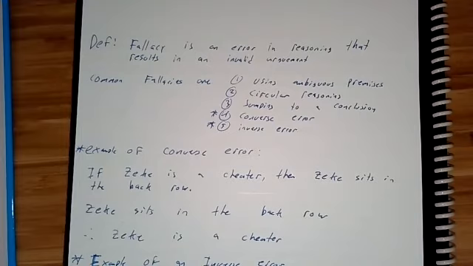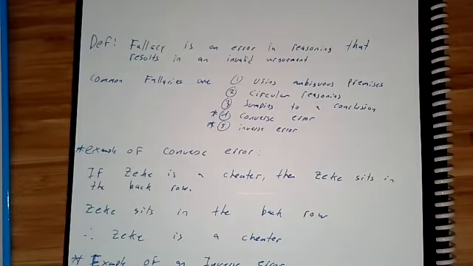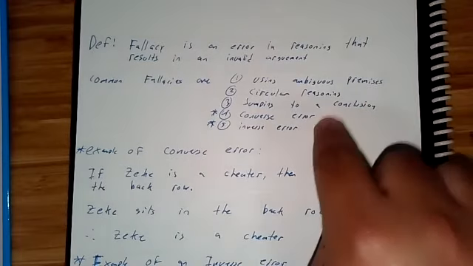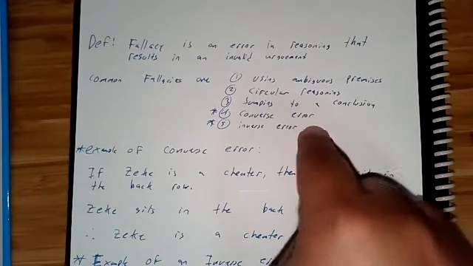Okay, so as you can see, we have some common fallacies I want to go over. A fallacy is an error in reasoning that results in an invalid argument. It happens every day, all the time. Using an ambiguous premise that's not really clear, using circular reasoning, and jumping to conclusions are other ones, but the ones we're going to go over right now are the converse error and the inverse error.